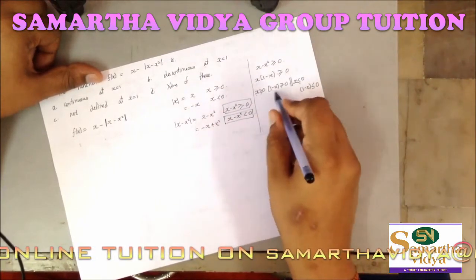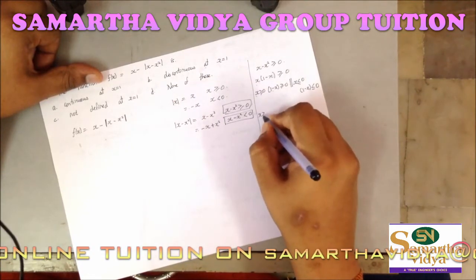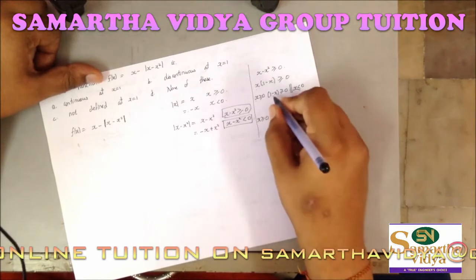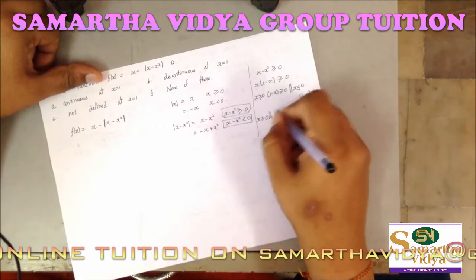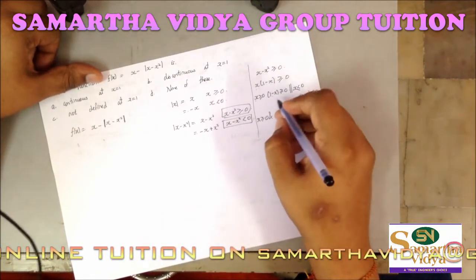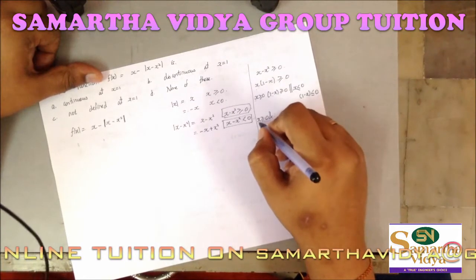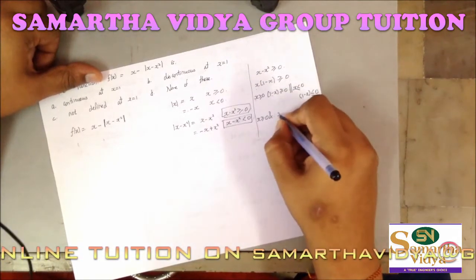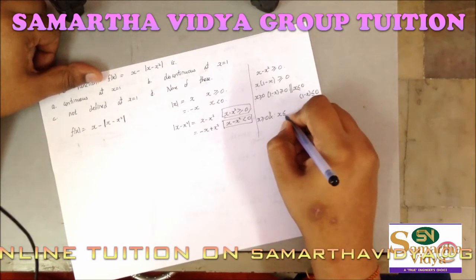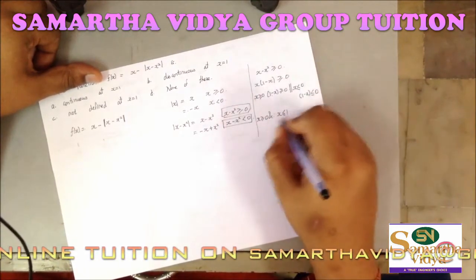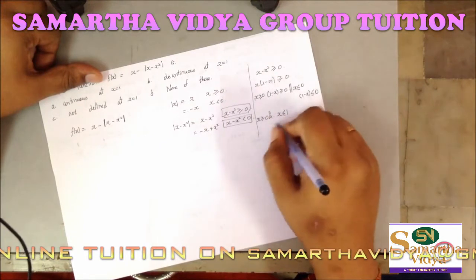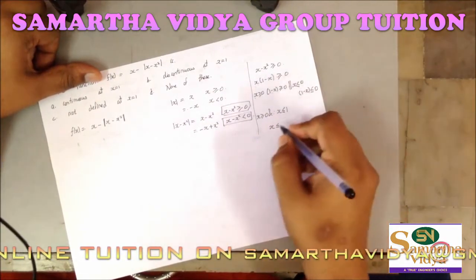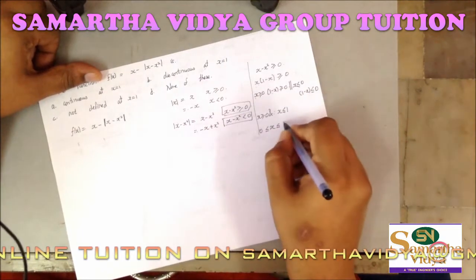So from here we are getting the condition that x is greater than 0, and this is an and condition, that is it should be both. It should be x greater than 0, and from here we get the condition x is less than or equal to 1. You can see that the common region which we have is that x is going to be between 0 and 1.